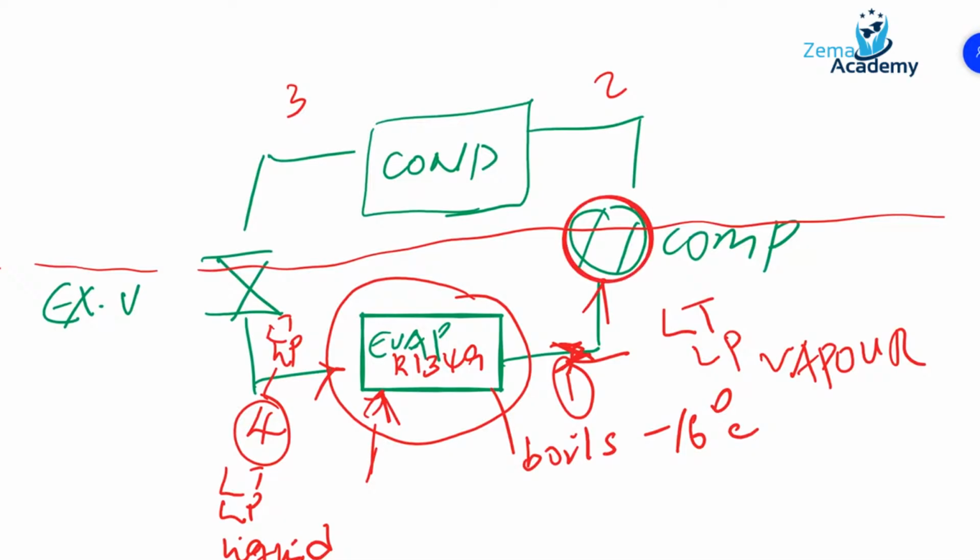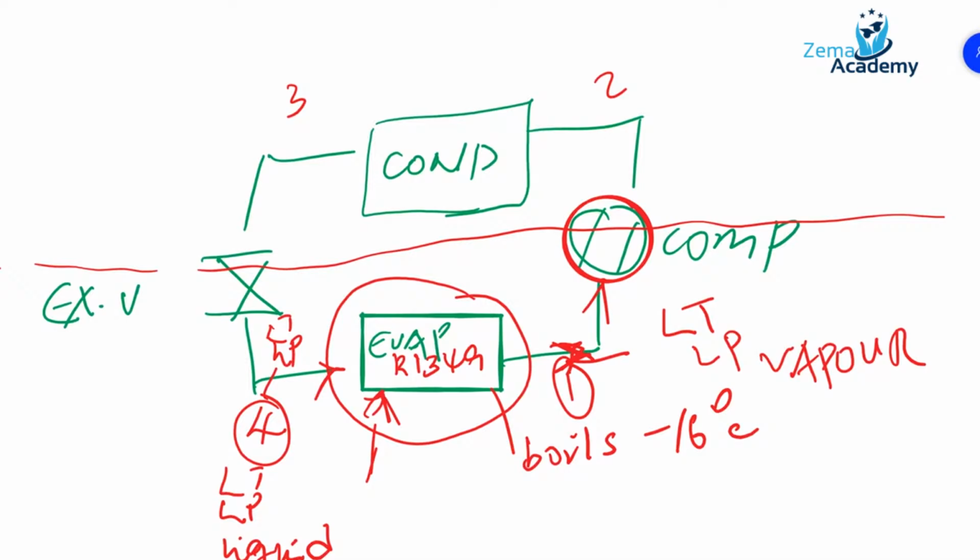The primary function of any compressor: at point 1, we have vapor, but that vapor is at very low temperature and low pressure.